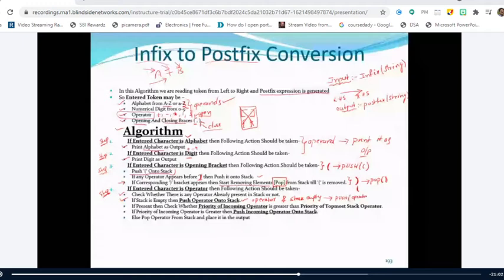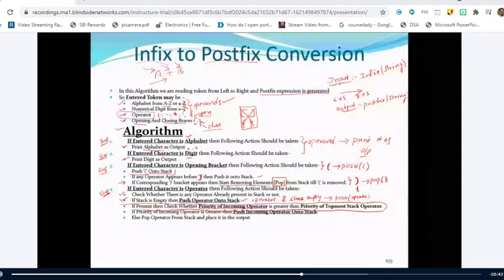Right? And if present, that means if the stack is not empty, listen carefully. This step is very important. Whenever you come across an operator, you have to check whether the stack is empty or not. If the stack is empty, then you just push it onto the stack.